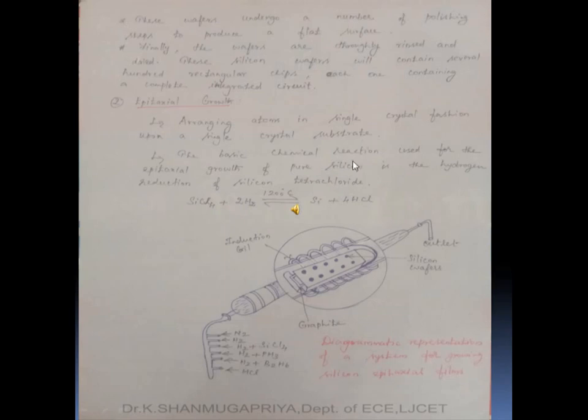The basic chemical reaction utilized for the epitaxial growth of pure silicon is the hydrogen reduction of silicon tetrachloride. The equation is SiCl4 plus 2H2 gives Si plus 4HCl, at 1200 degrees Celsius.